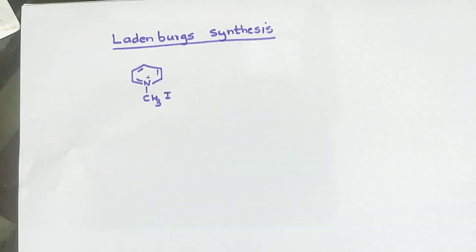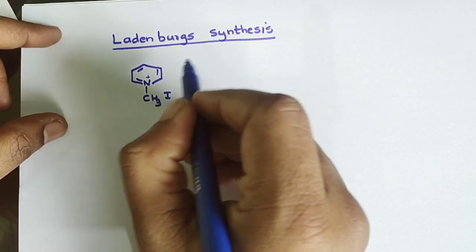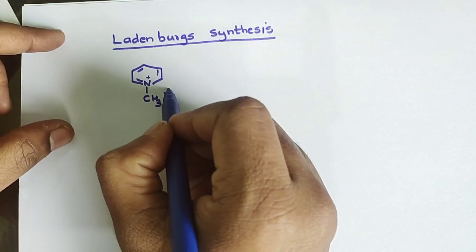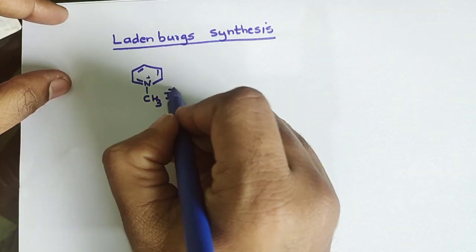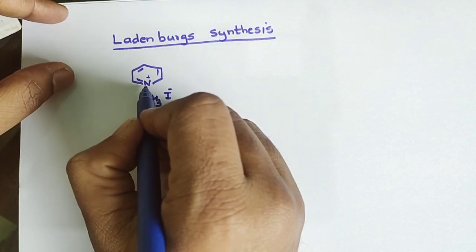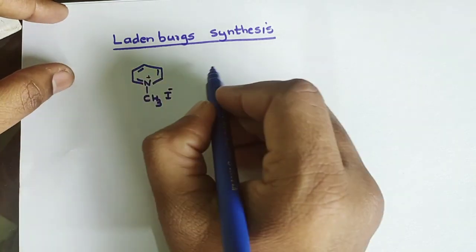Okay, N-methyl pyridinium iodide is what we use. It has CH3 on N, N plus, and iodide minus.